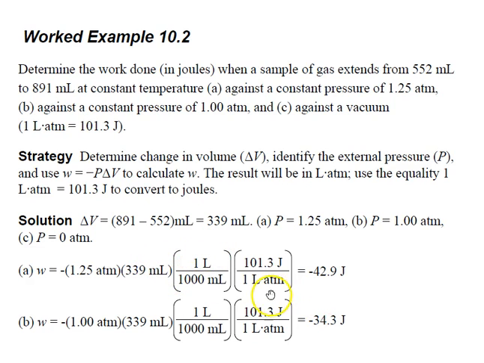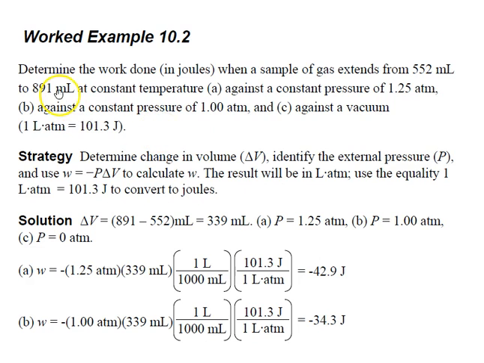Then we can also cancel out liters, where I'm highlighting here and here, using the conversion of milliliters to liters. Then we're left with joule atmospheres. 1 liter atmosphere is the same thing as 101.3 joules. That will take care of the atmospheres here and here, and you can see units cancel again. Atmospheres, I just highlighted the milliliters and the liters. That leaves us with an overall negative 42.9 joules.